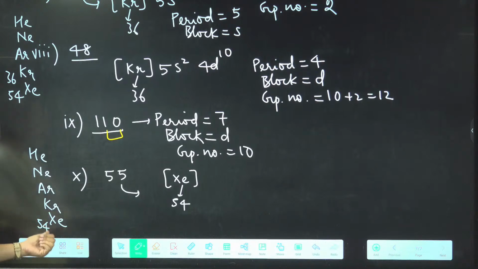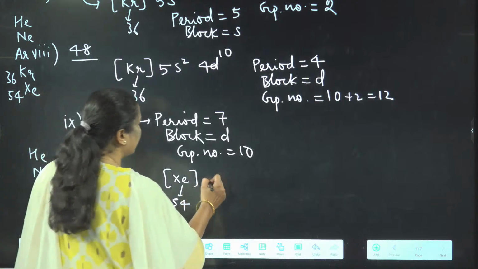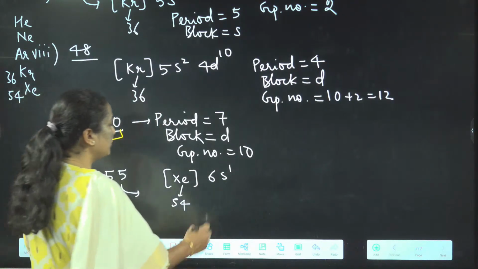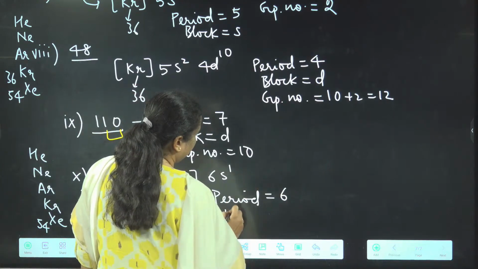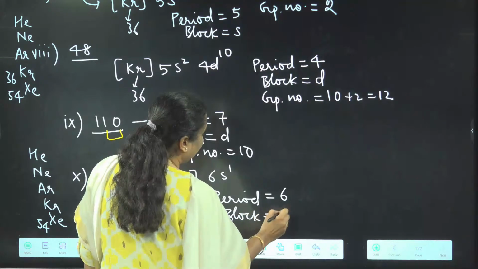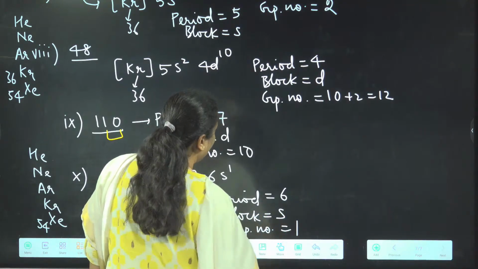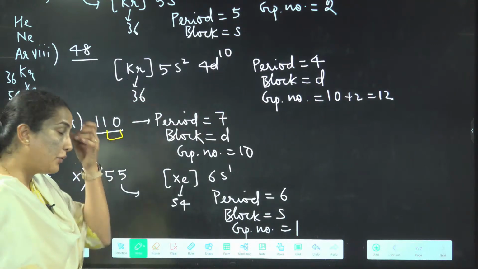So it will mark the ending of the fifth period, and now the sixth period is going to fill up. So it is going to be 6s1, right? You are able to see now. So period is going to be 6, block is going to be S, and group number is going to be 1. How many electrons in ns? 1. Clear about this, everyone?